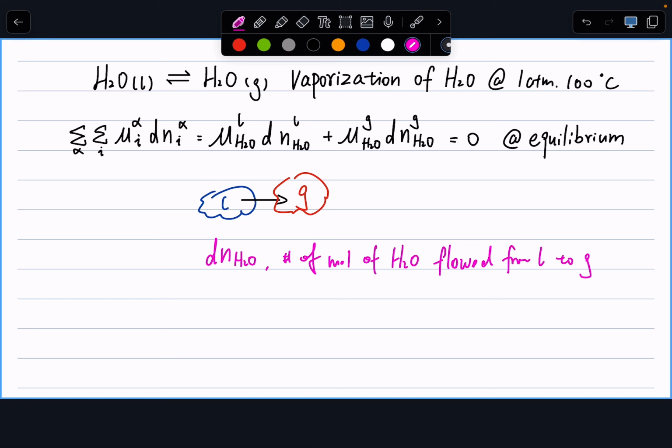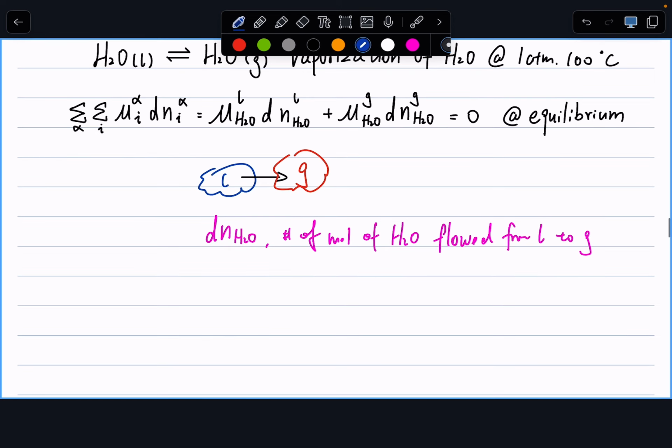And then in our relationship, what do we have here? If we focus on the amount of water flowing out of the system, we have dnH2O, let's say positive, equals the negative of dnH2O liquid.